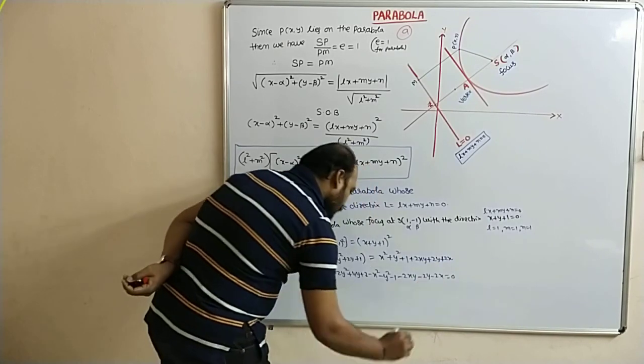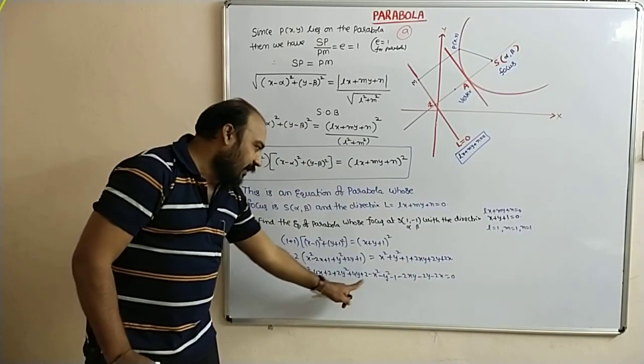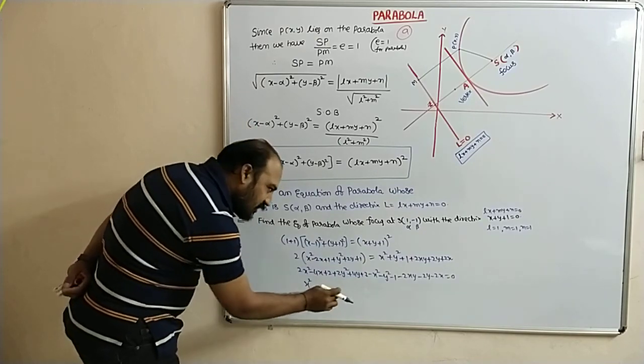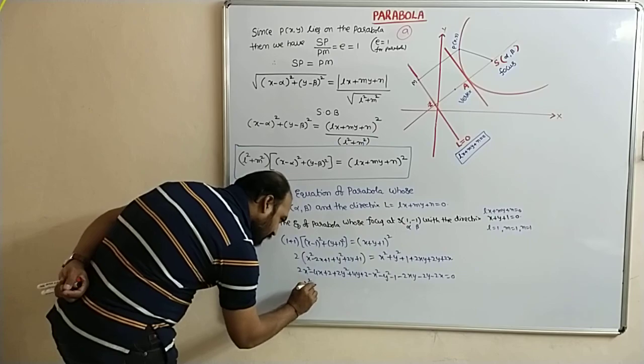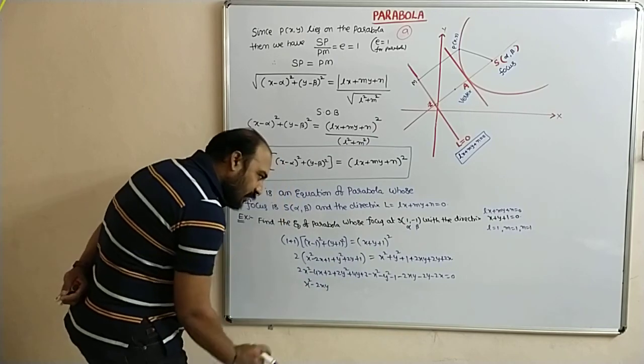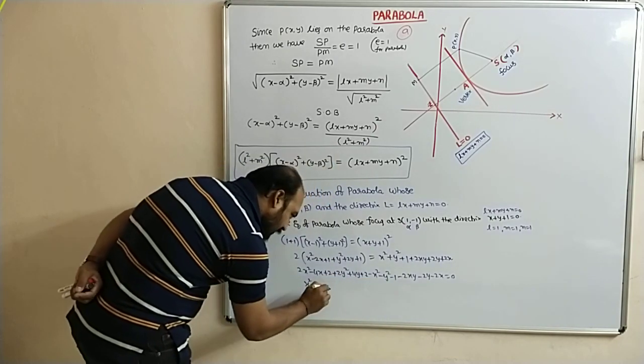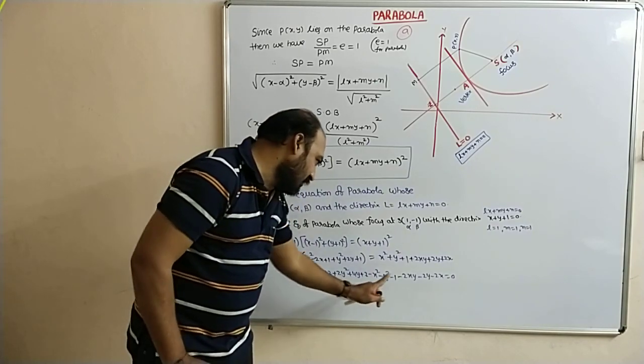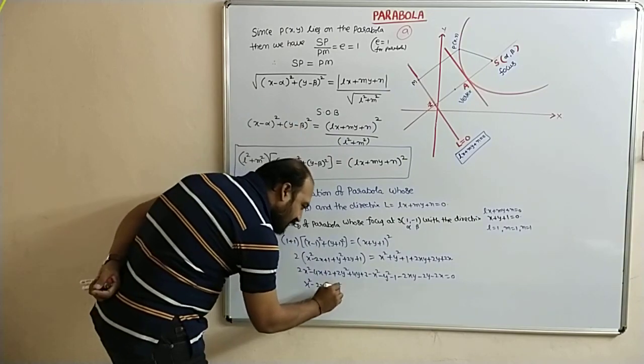Now first x square comes: 2x square minus x square. Next the xy term here, minus 2xy. Next the y square term: 2y square minus y square plus y square. And x terms: minus 4x minus 2x, minus 6x.